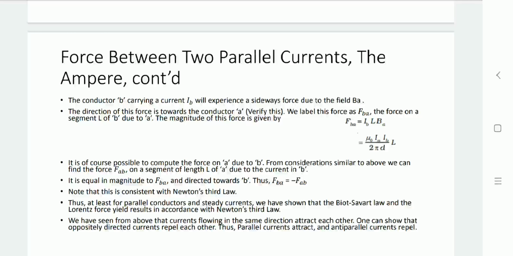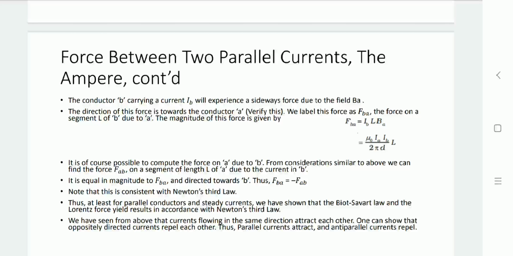So we can say that FBA equals minus FAB. Here, when equal and opposite force is available, this is nothing but Newton's third law. While parallel conductors carrying steady current are placed, they follow the Biot-Savart law while current is carrying through its own conductor.